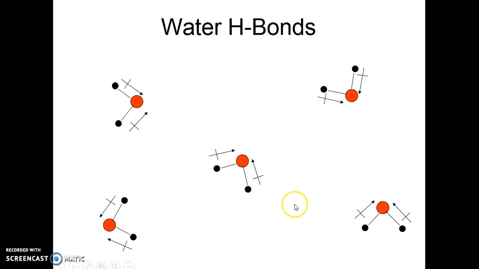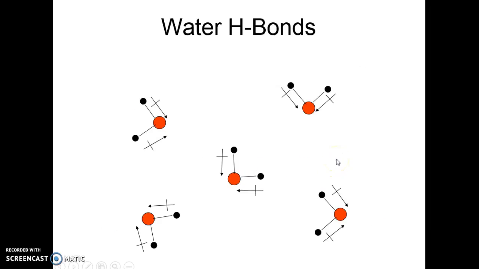Here is an example of water hydrogen bonding to itself. I have 5 water molecules, hydrogen, oxygen, hydrogen, and I've drawn in a vector dipole to show you positive on the hydrogen, and negative on the oxygen.